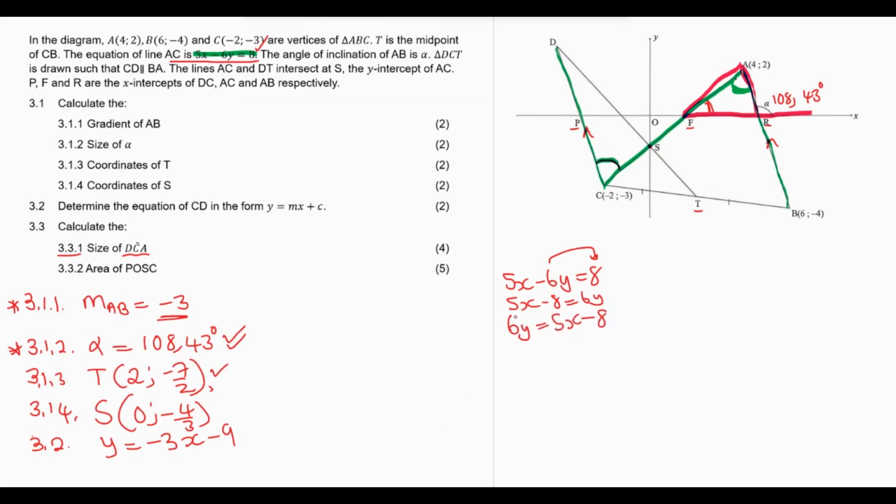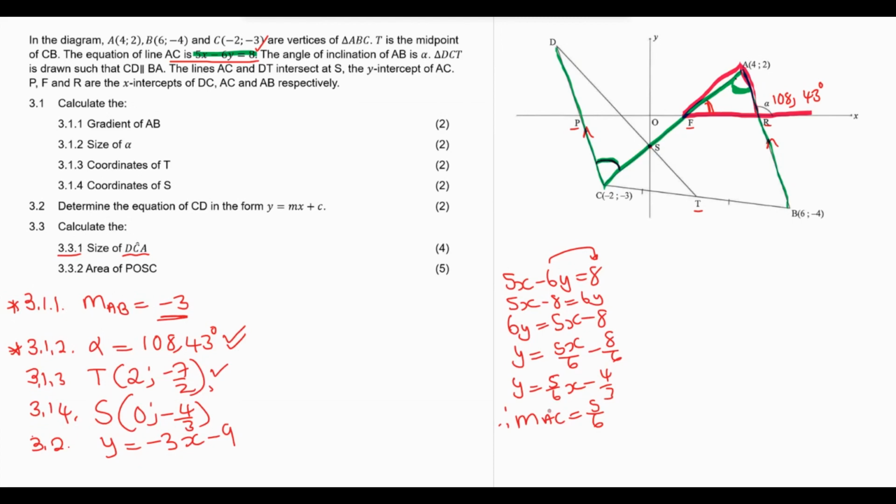And then we can divide everything by 6. y is equal to 5x divided by 6 minus 8 divided by 6, which is y is equal to 5 over 6 x minus 4 over 3. Right, so therefore the gradient of AC is equal to 5 over 6.